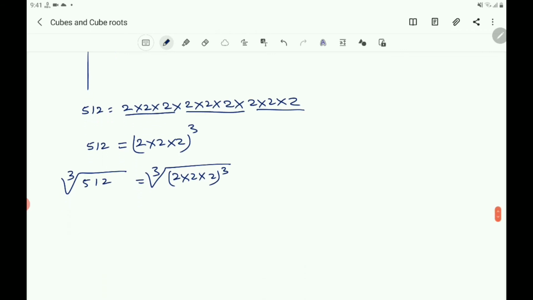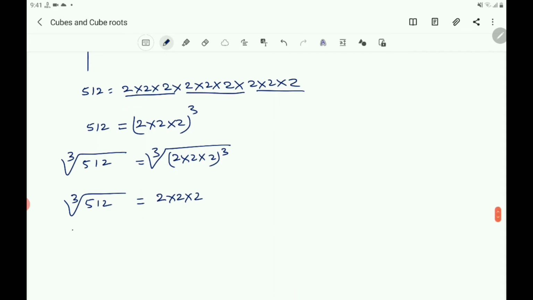Take the cube root on both the sides. Then cube root of 512 equals, cube and cube root cancel. What is remaining? 2 into 2 into 2. So cube root of 512 equals 2 2s are 4, 4 2s are 8. You got 8.